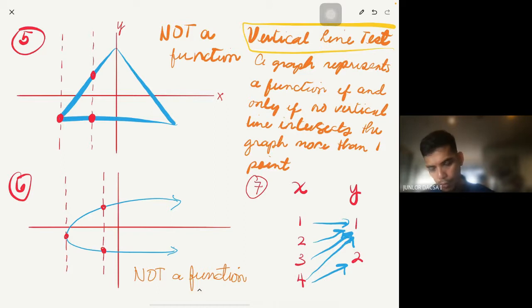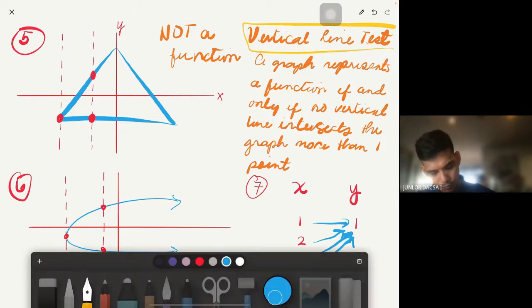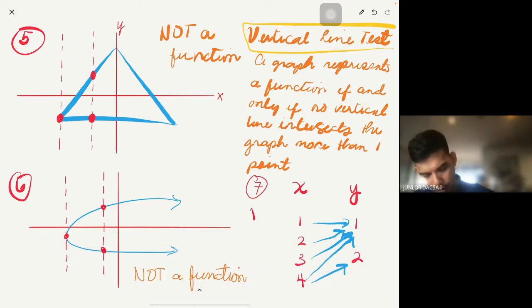Kaya kung mapapansin ninyo, pag nilista natin siya sa ordered pairs, yung 4 uulit ng dalawang beses kasi pinair siya sa dalawang elements sa range. So this is not an example of a function. This is not a function.